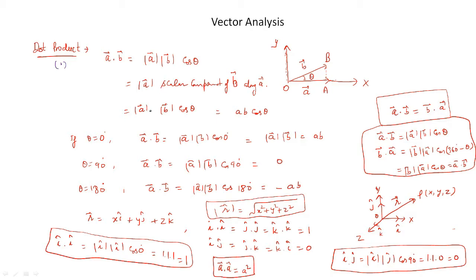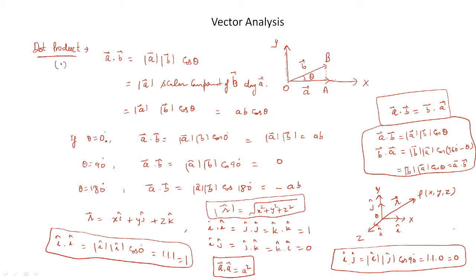In another way, you can write the dot product A dot B as modulus of vector A and the scalar component of vector B along vector A, that will be equal to B cos theta. So we can write A dot B as equal to AB cos theta.